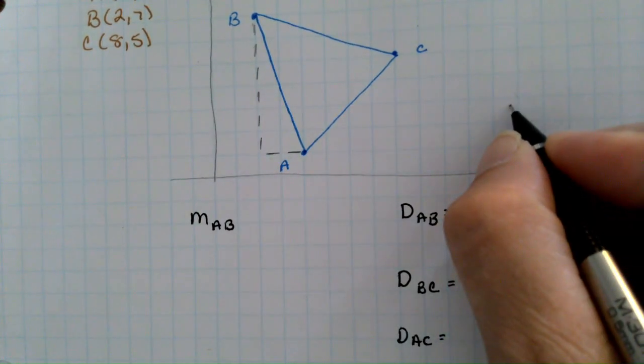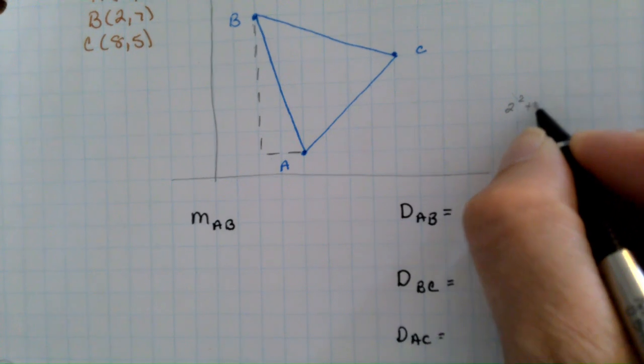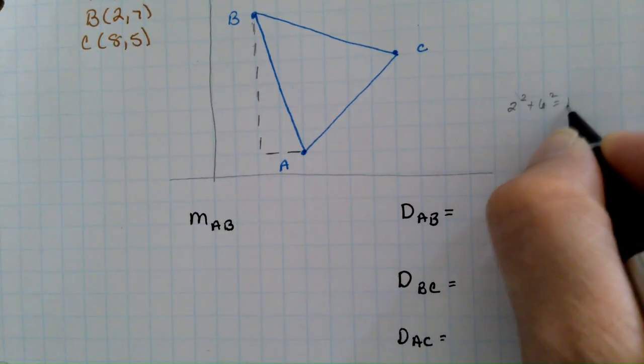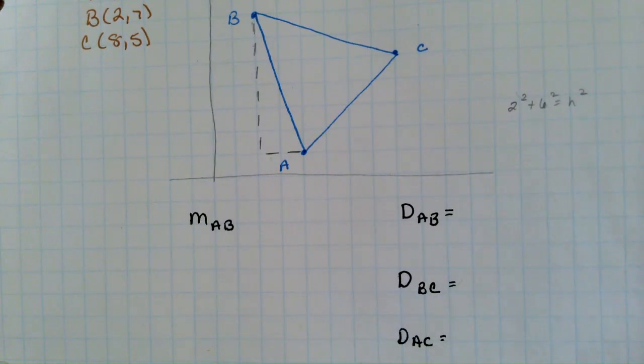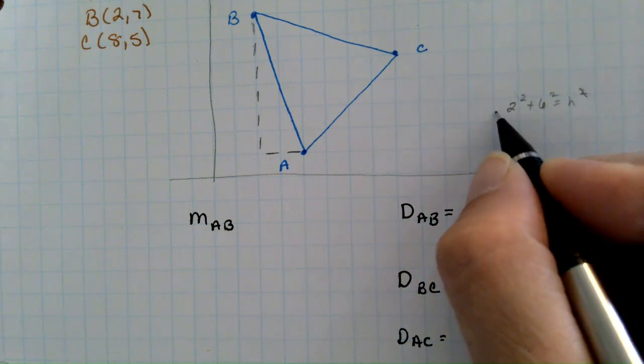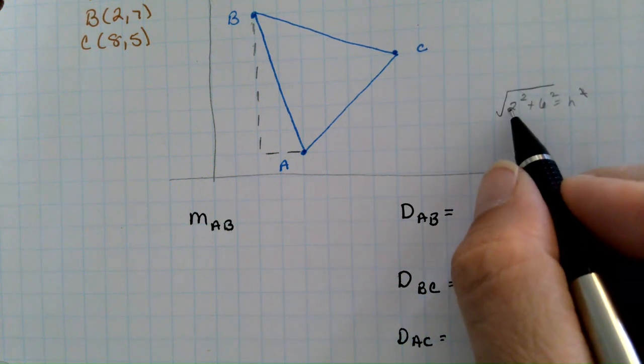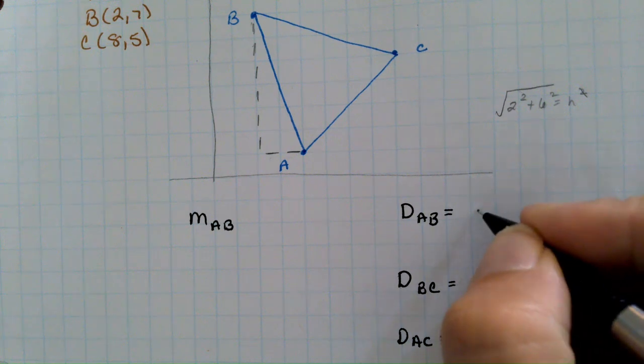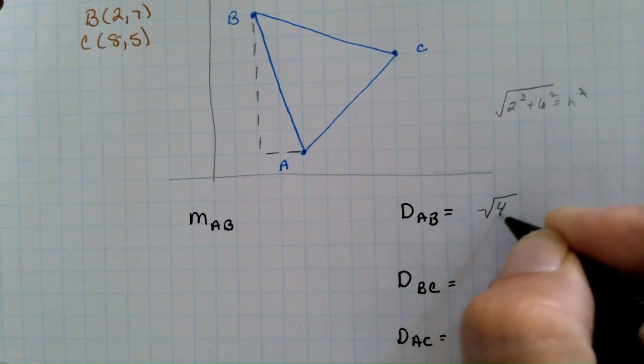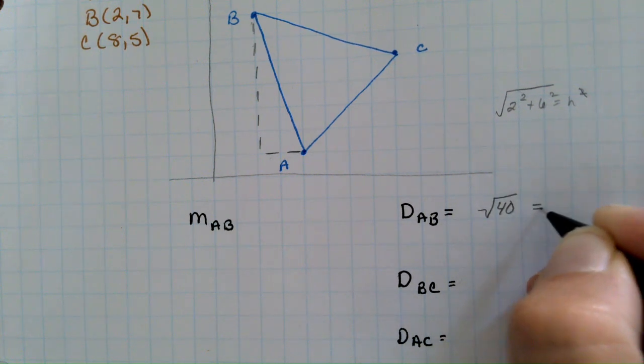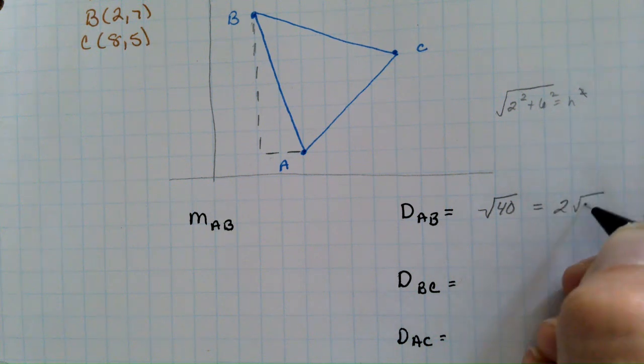So we'd have to do 2 squared plus 6 squared equals that hypotenuse squared, right? So then we would be doing the square root of that. So 4 plus 36, that's the square root of 40. And I know that simplifies to 2 root 10.